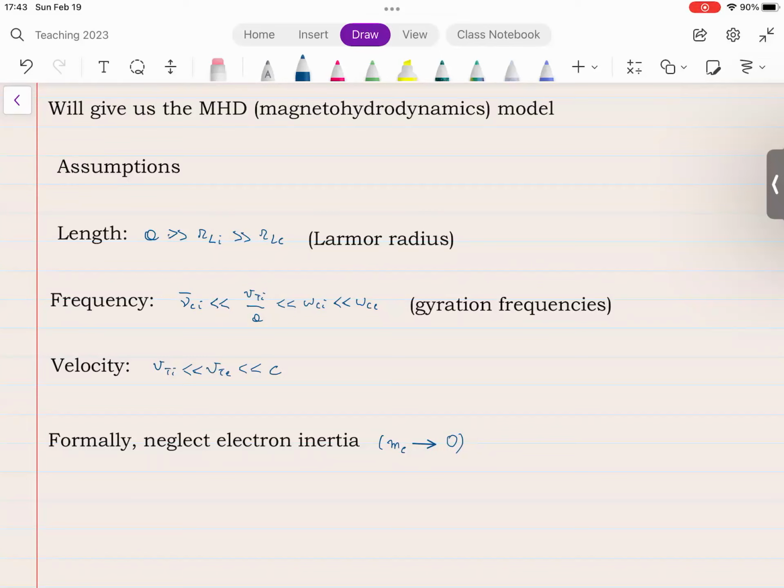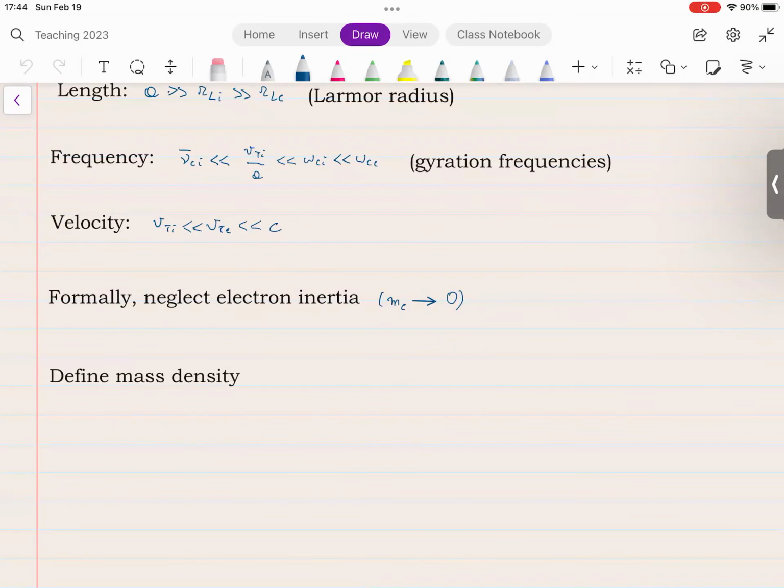Then I can define a mass density rho, which is equal to the mass of the ions times n.